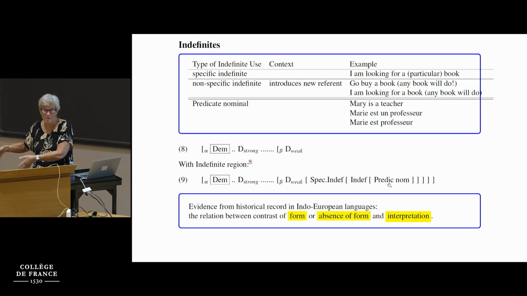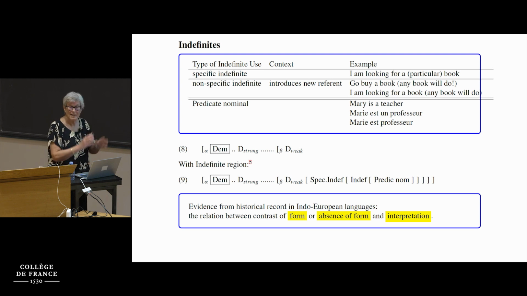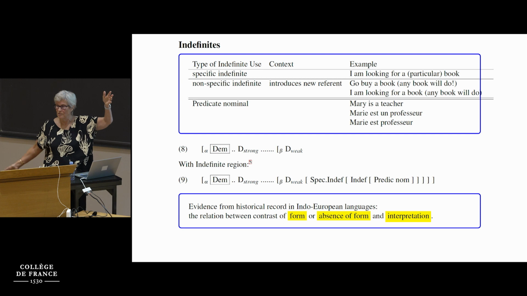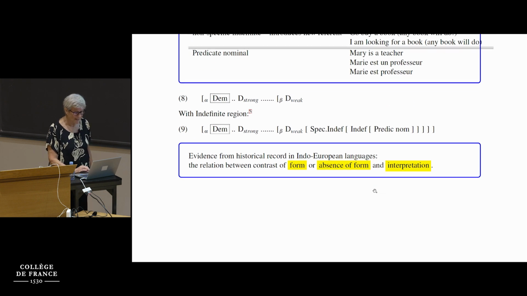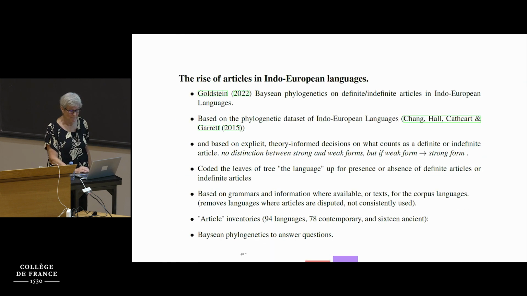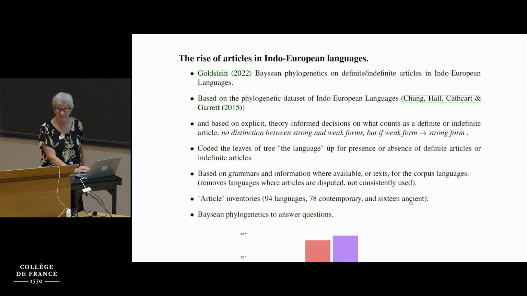And maybe if we go down even farther to compounds, which are going to be bare. Okay, so we get an idea of what the hierarchy of definiteness and indefiniteness might be. And that's what we would like to explore on the basis of cross-linguistic data.